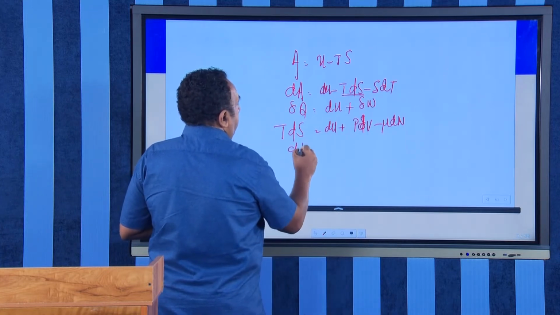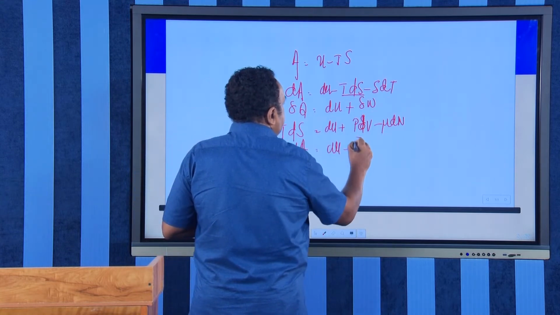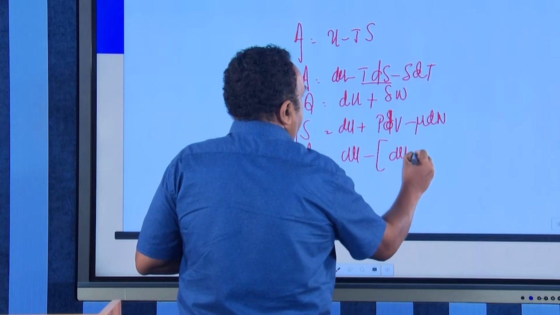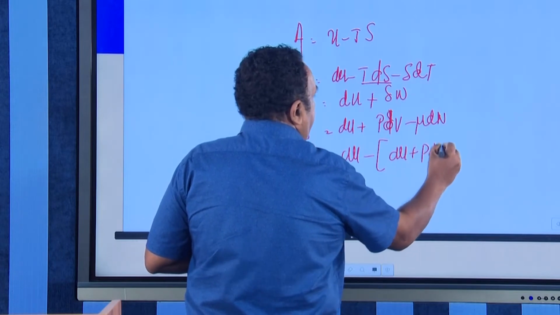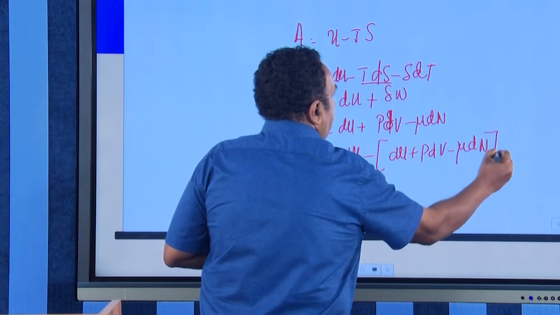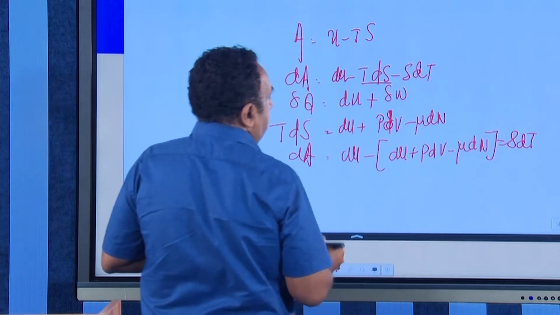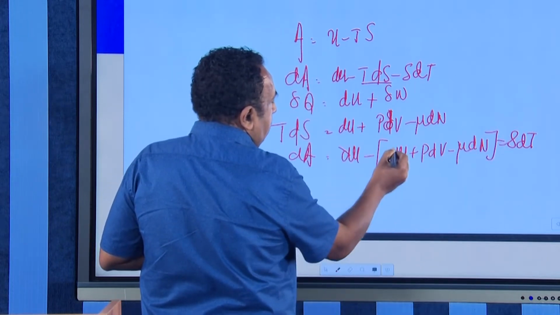Therefore, my dA now becomes dU minus (dU plus PdV minus mu dN) minus SdT. Therefore, this dU and minus dU cancel.